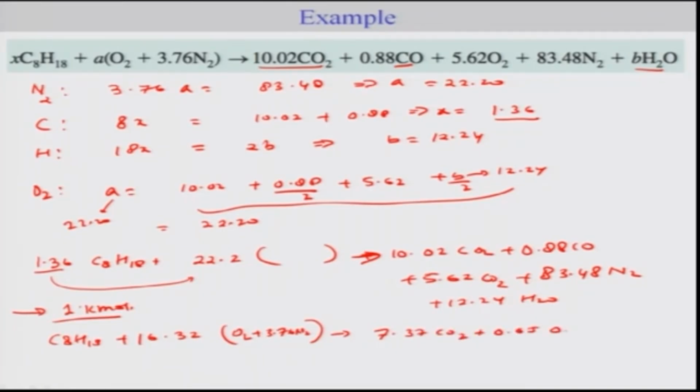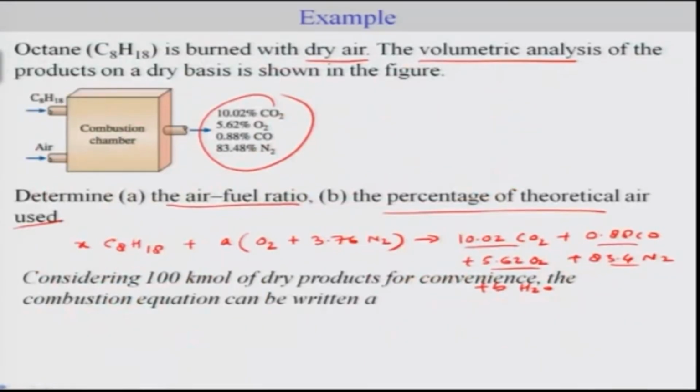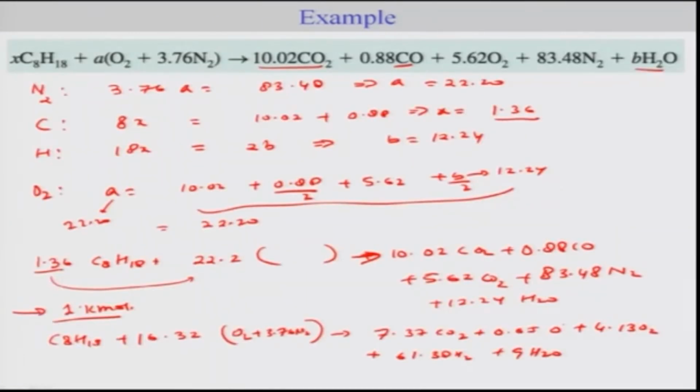Okay, so this becomes your basis with respect to 1 kilomole. So what we have done till now is obtain this complete equation for 1 kilomole of octane.